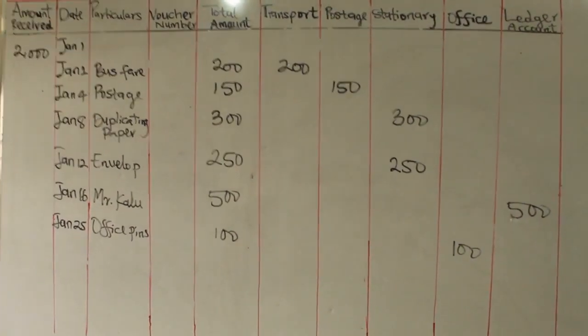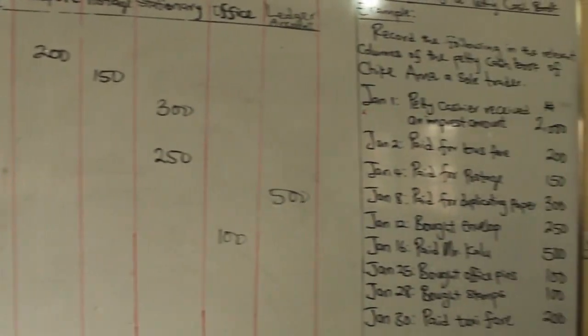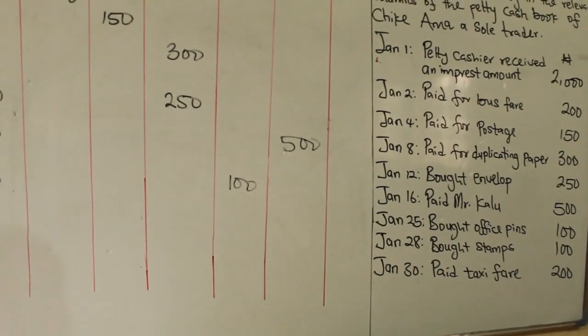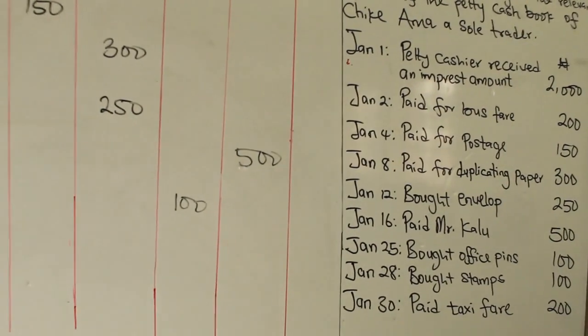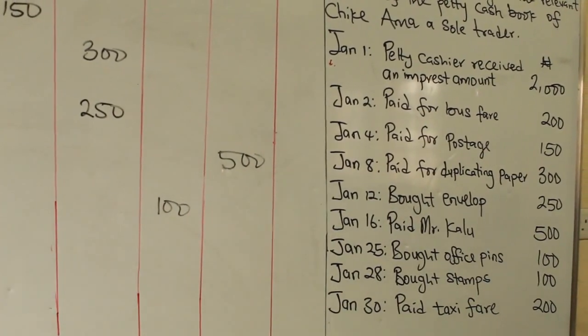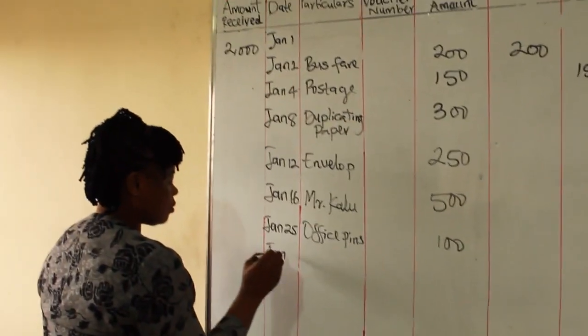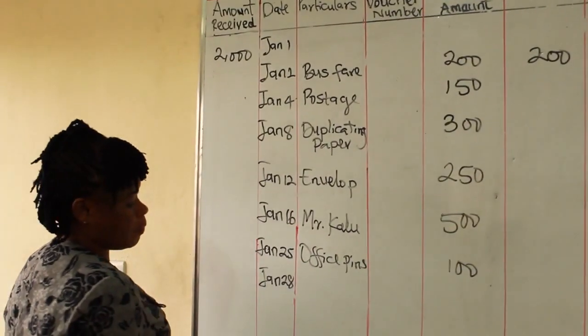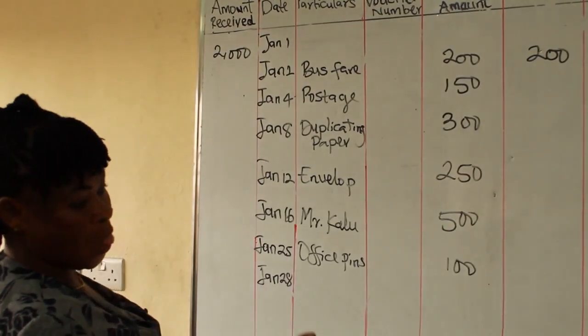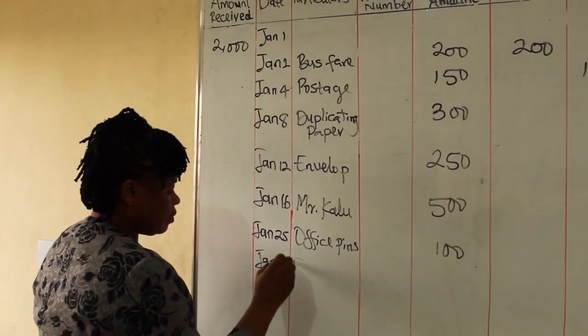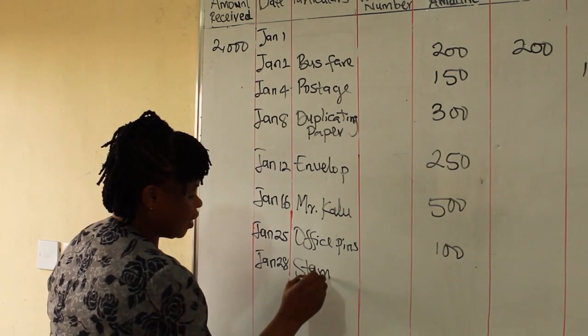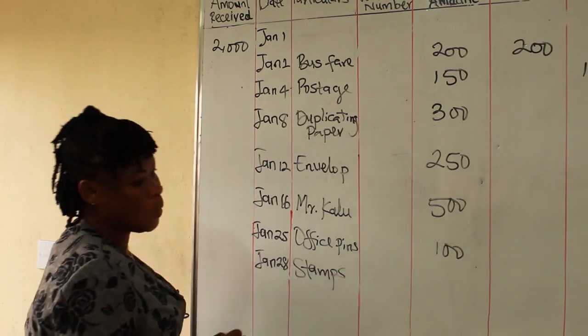Now we have January 28th. Bought stamps, 100 naira. The same thing. We'll post it first on the debit side, January 28th. Bought stamps. You write stamps as the transaction that took place.